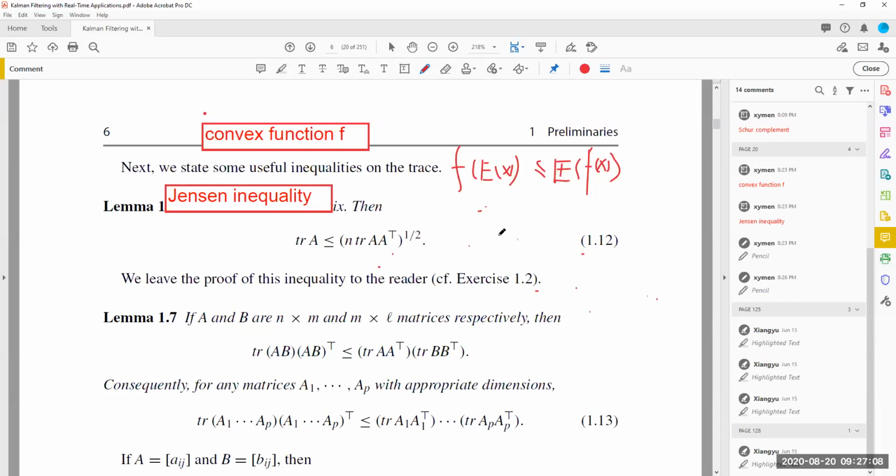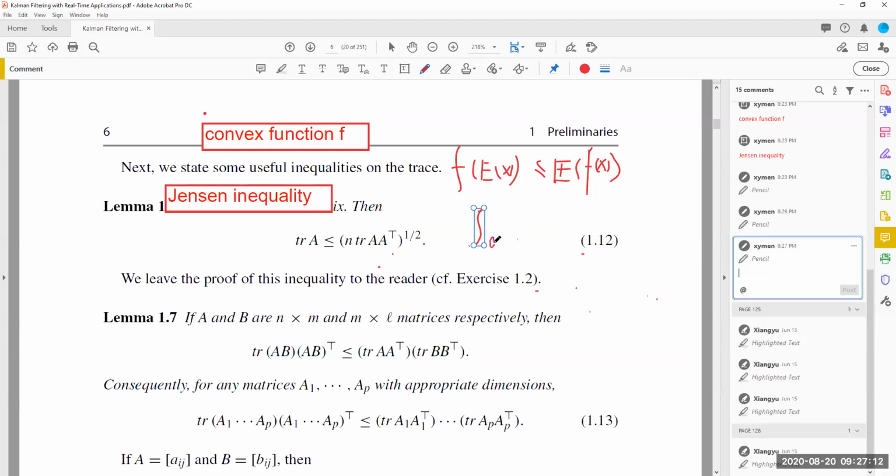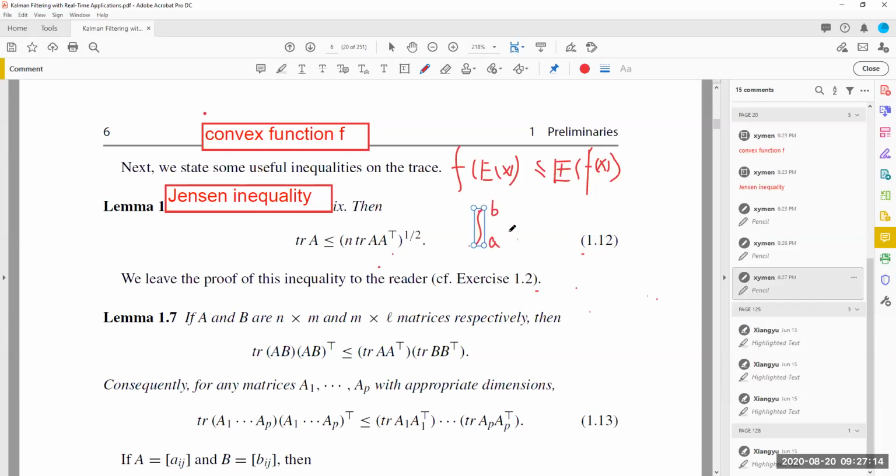So in the continuous time case, what do we mean by the mean of x? It means we take the integral from a to b. It doesn't matter, x could be any function. Okay, let me use x as an example. The integral of x from a to b, then take an average, divided by b minus a. So this is the average of x.